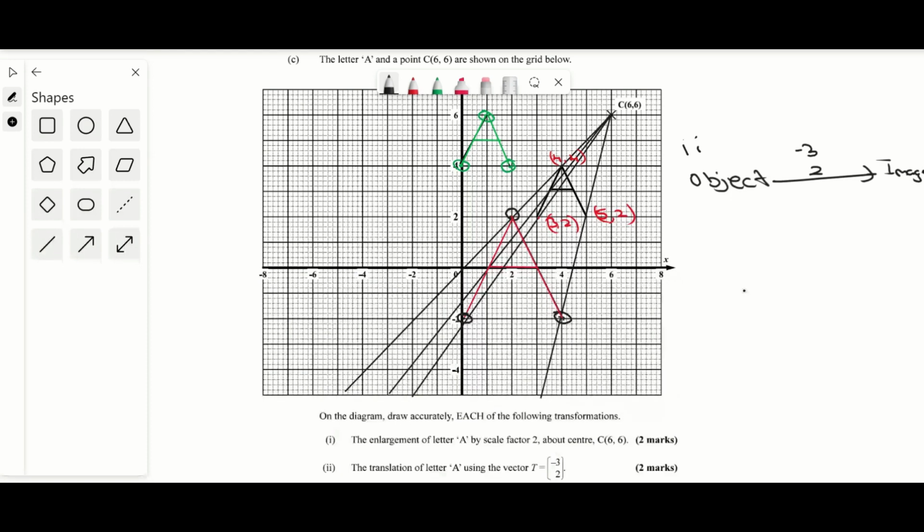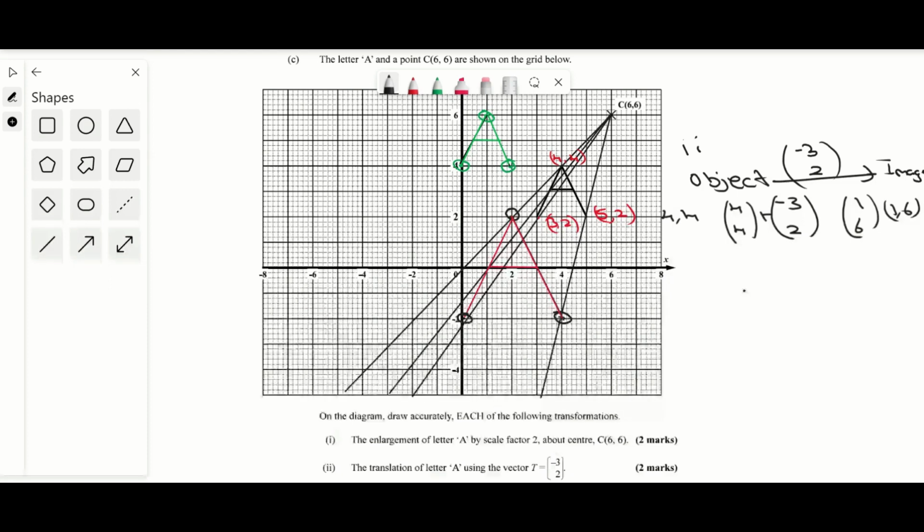You're going to take your coordinates 4, 4, change it to a column vector, which is 4 on top, 4 at the bottom, and add your translation (-3, 2) to get your image. 4 minus 3 is 1, and then 4 plus 2 is 6. So we know that the coordinates of your image are 1, 6.